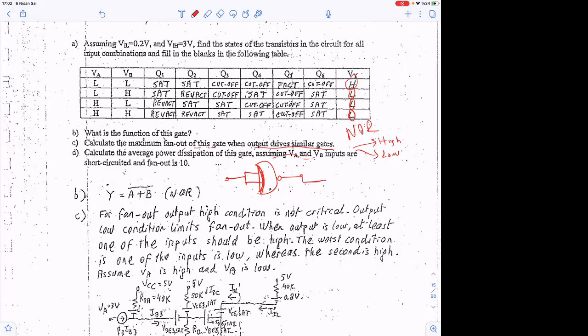Fan out is 10 means N is equal to 10. For the low case, you need to find the power dissipation, and for the high case, you need to find the power dissipation, and then take the average of it. This is just roughly how the states are going.